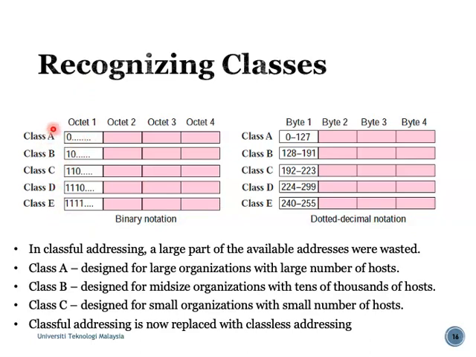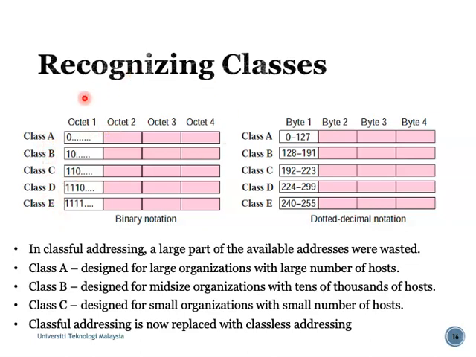For example, class A has only 1 byte that defines the network ID, and the other 3 bytes, octet 2, octet 3 and octet 4, are for the host. So it is reserved for a large organization with many hosts, and the organization would have to be really large to use all these addresses. You can calculate by yourself the number of host addresses in class A, B, C, and so on.